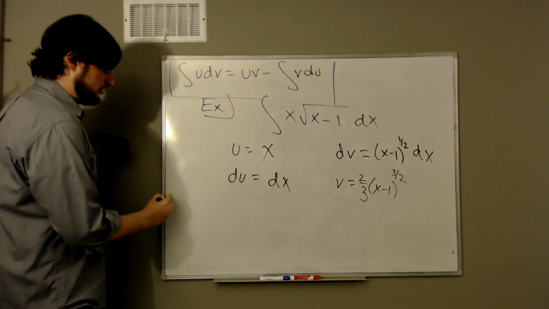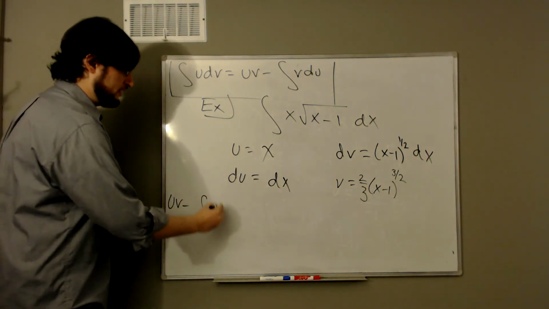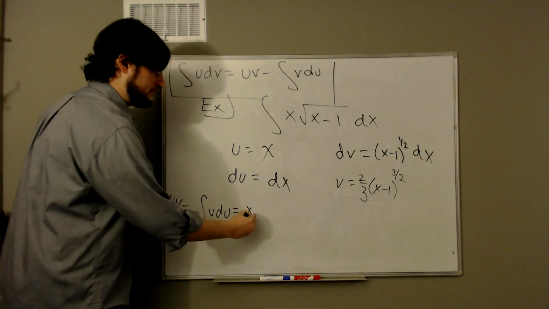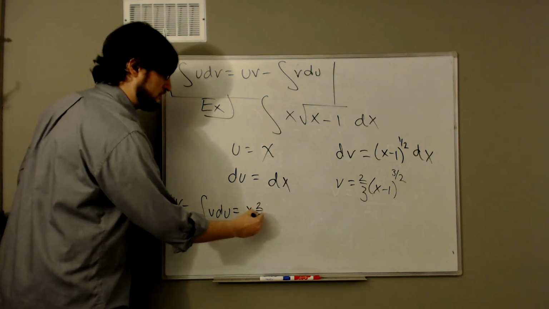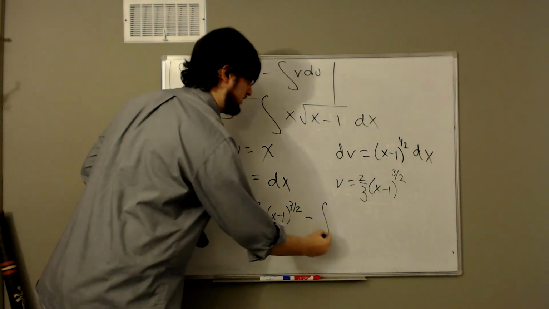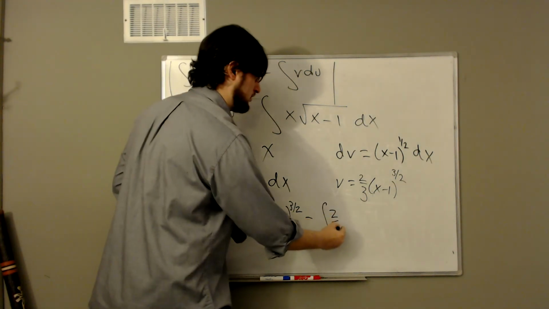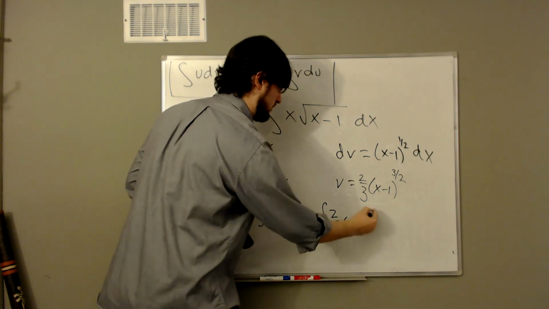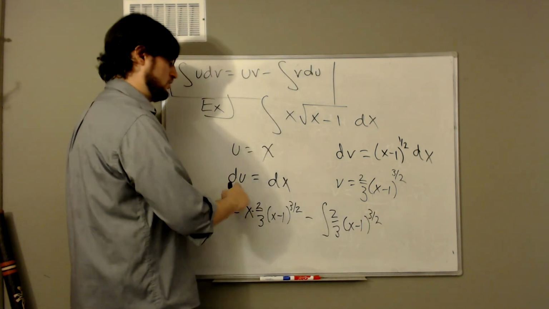So then, uv minus the integral of v du is x times 2/3 x minus 1 to the 3/2, minus the integral of v, which is 2/3 x minus 1 to the 3/2, times du, which is dx.